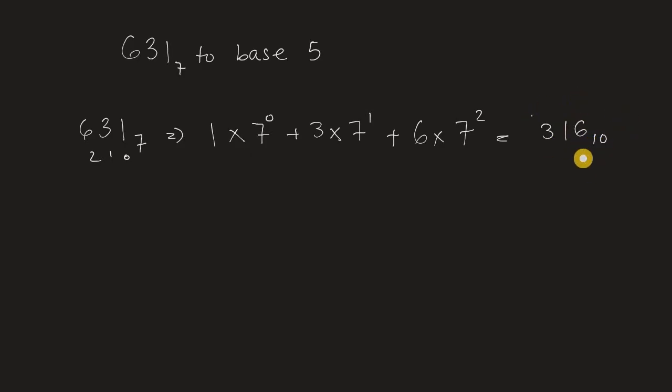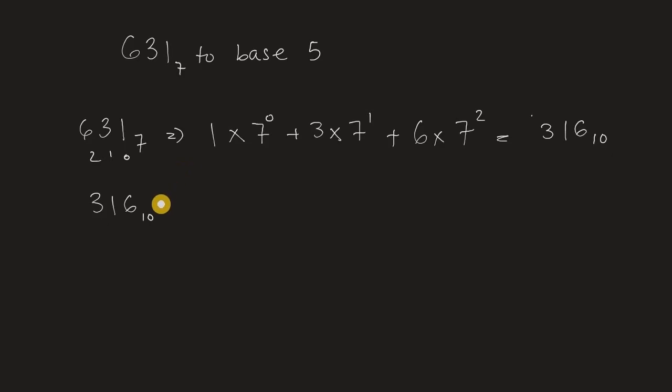316 base 10. Okay, so this is your number in base 10, and now you already know how to convert it into base 5, right? This is really easy because I already did that in a previous video, but let's do a quick revision. Now we have the number in base 10, and we simply have to convert it into base 5.